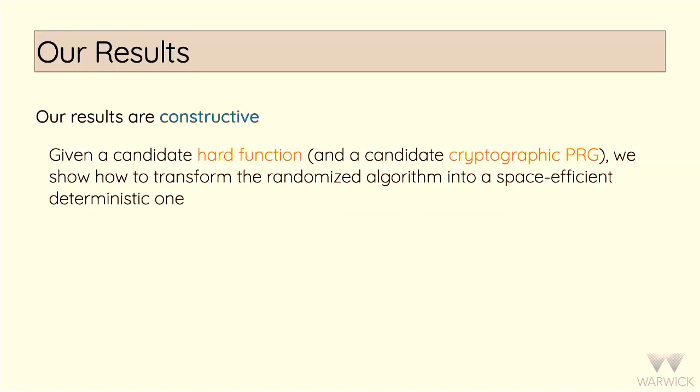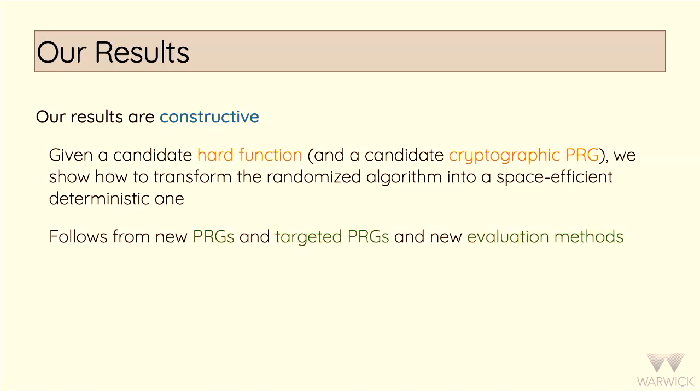Okay, so our results are constructive in the sense that if you give me a candidate hard function, and we'll also need a candidate cryptographic PRG, we show how to transform a randomized algorithm into a deterministic one. And it follows from either PRGs or targeted PRGs.